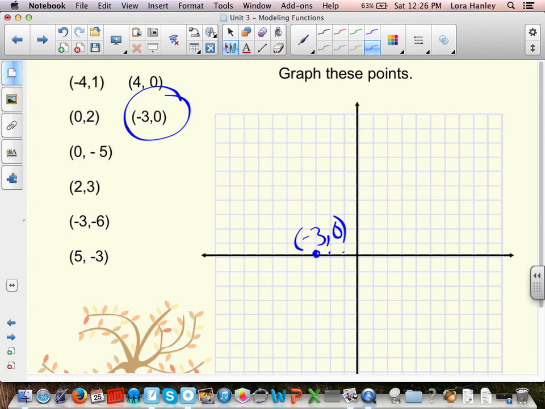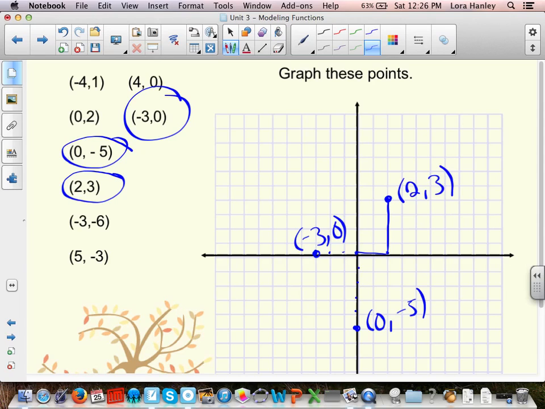If I want to graph 0, negative 5, we start at 0 and just go down 1, 2, 3, 4, 5, and that is 0, negative 5. The point 2, 3, since both are positive, ends up in quadrant 1. To the right is the positive direction 2, and then up 3 gives me a point 2, 3. So you get the idea when you're graphing points, x direction first, y direction second.